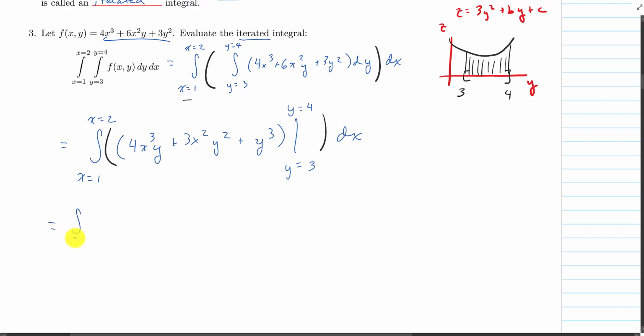This is going to give me the integral, and this is going to take a little room, x equals 1 to x equals 2. I hope I can fit it all on here, of parentheses 4x cubed times the upper limit 4 plus 3x squared times the upper limit 4 squared plus that upper limit quantity cubed. What did I do? I just plugged the 4 into each one of these y expressions.